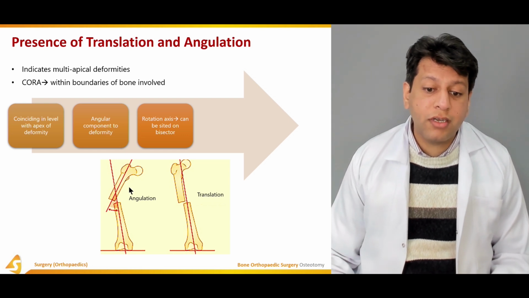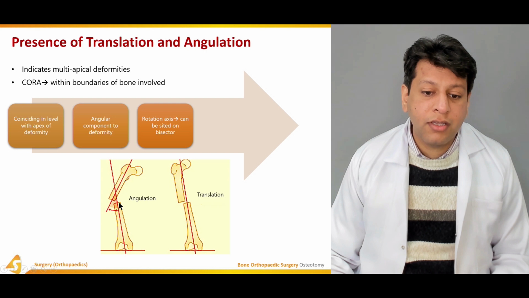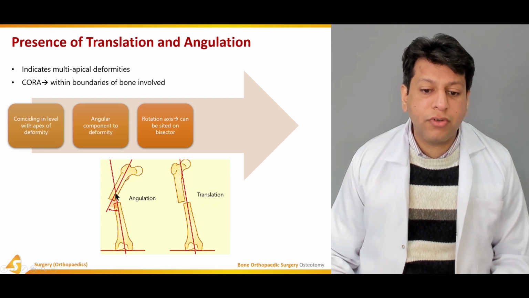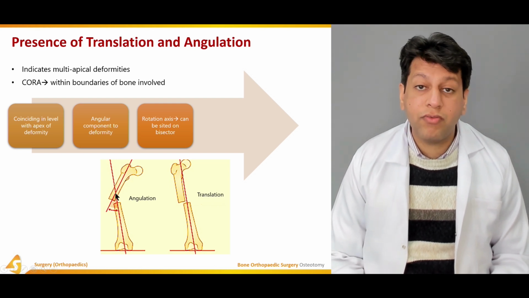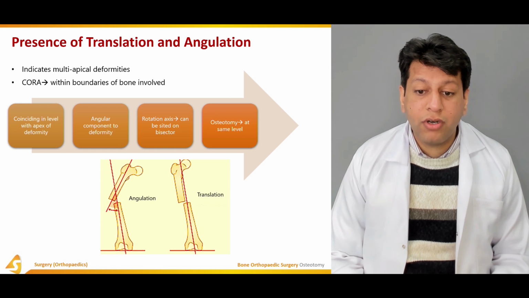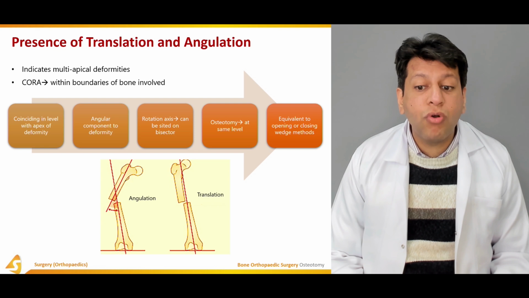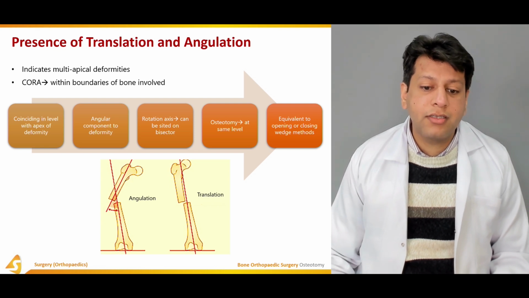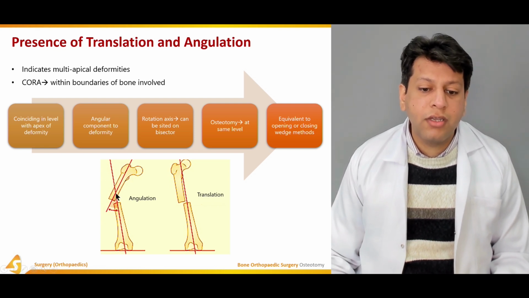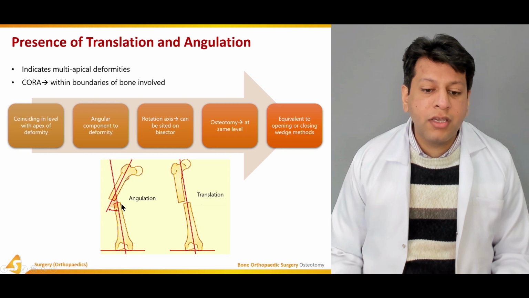That is important: if you analyze this, this is where the axis of rotation is actually happening, and this is where we need to do the osteotomy. The osteotomy is at the same level, usually equivalent to opening and closing wedge methods. If you see over here, the CORA lies above the deformity, so you have to perform it at this level, not at the level of deformity.